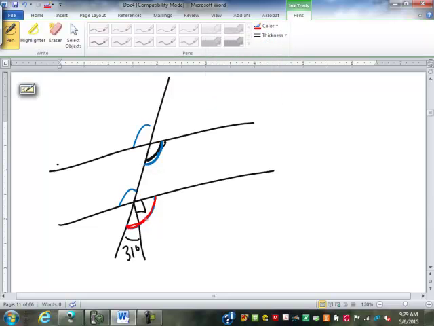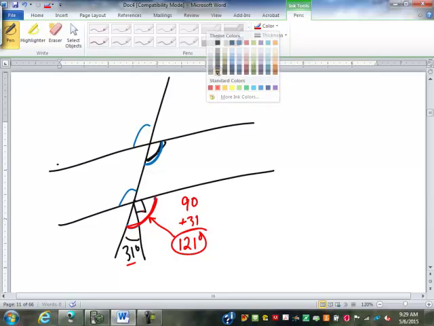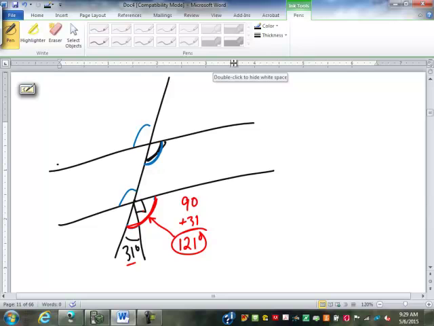How big does that red angle have to be? Has to be at least 31. 31 plus 90, because that's a right angle, or 121 degrees. So that angle there has to be at least 121 degrees. You know, I usually am not right with this stuff because every time I think I have names done, it turns out to be wrong. Yeah? That's making a little more sense? Good.